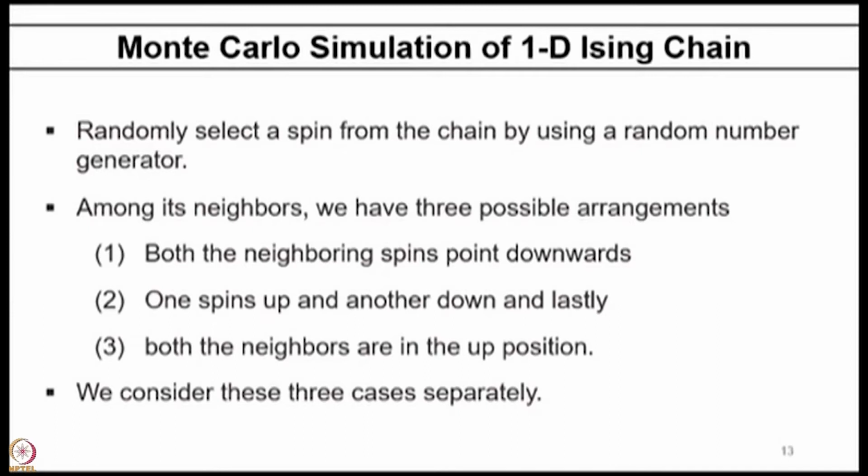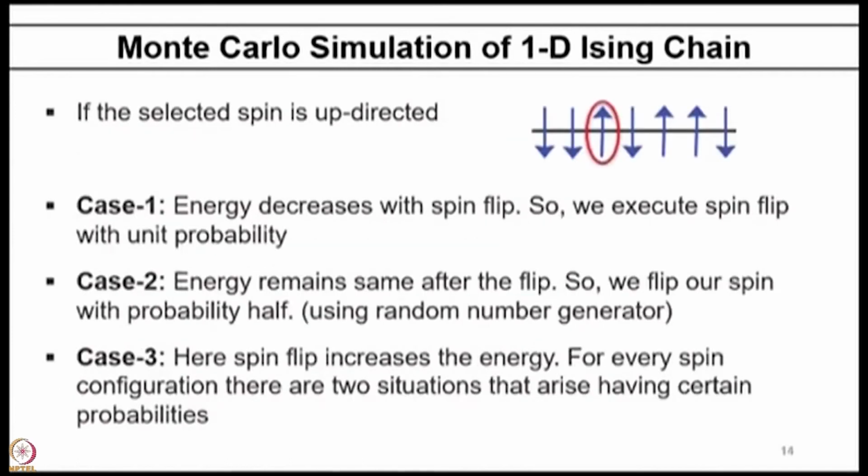Now we consider that the energy of these three cases is different. So if the selected spin is up directed as it is done here, energy decreases when its spin flips. By the way, this is exactly the example which has been done in my book, and I did it with all these things in terms of the Ising model so that it is easy for students to understand.